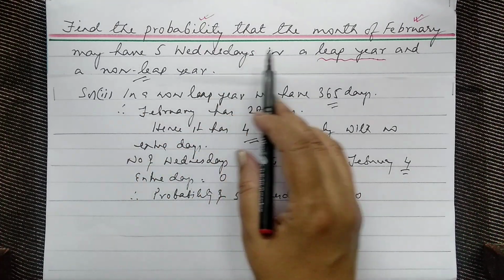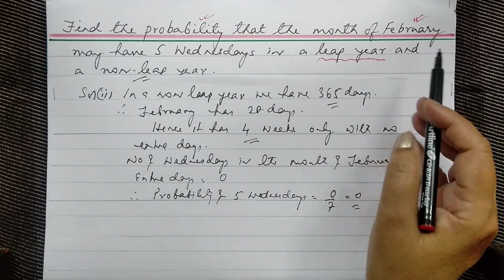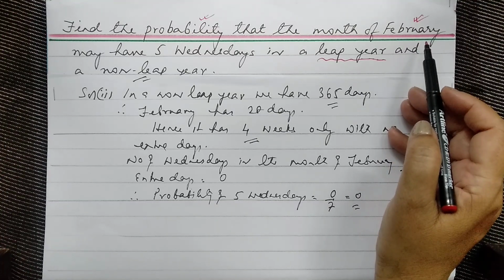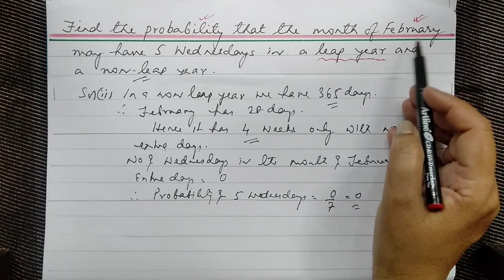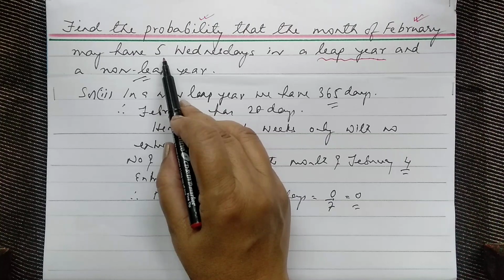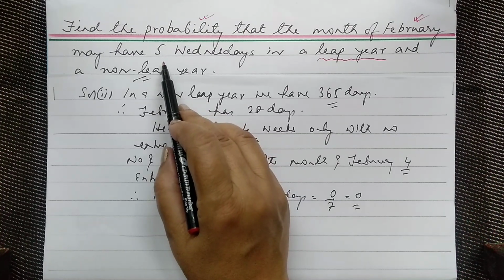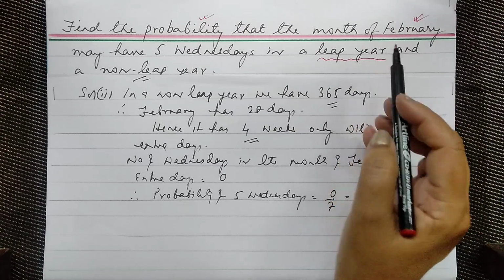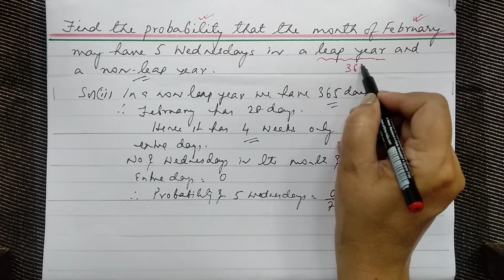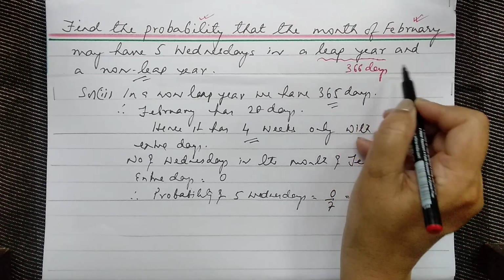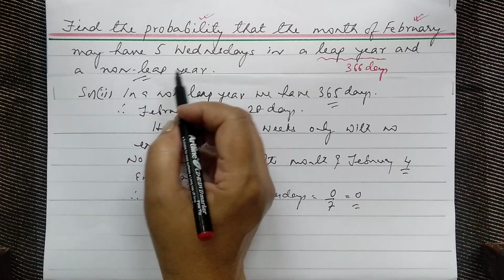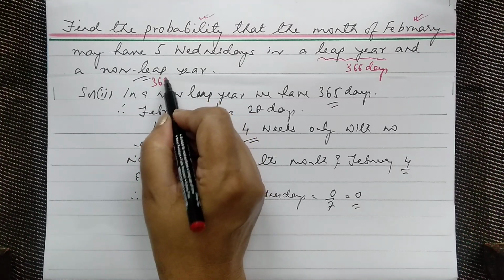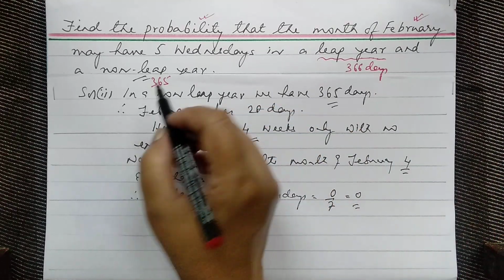Find the probability that the month of February, now here comes February, which can be a crunch to most of the students, has Wednesdays in a leap year, which means 366 days, or in a non-leap year, which is a normal year, 365 days.